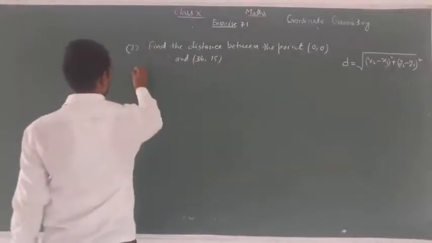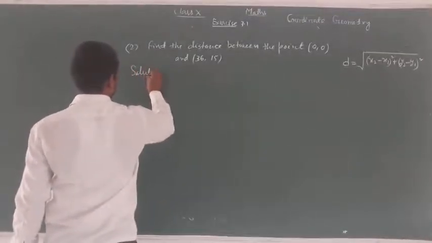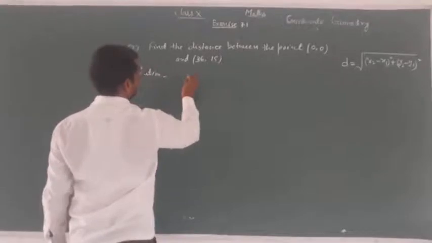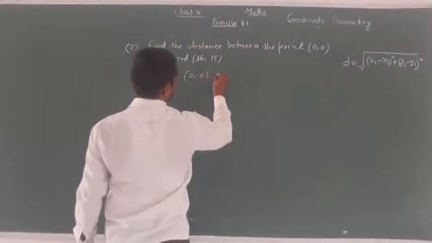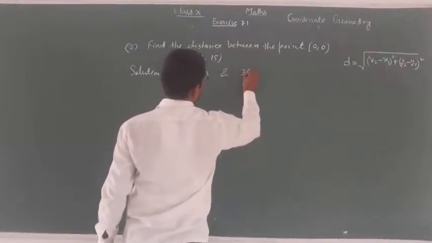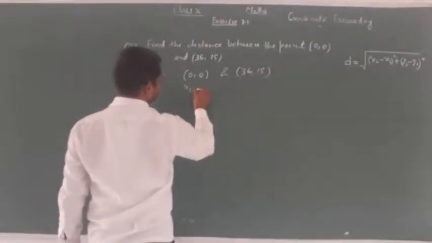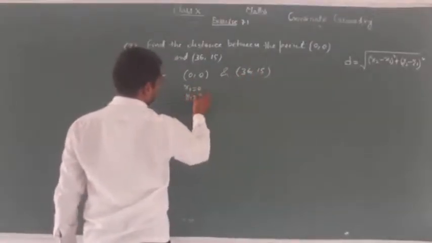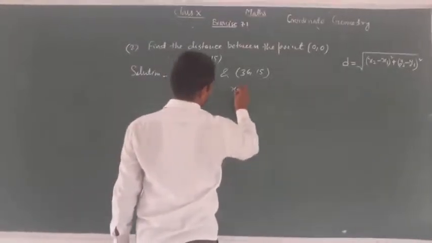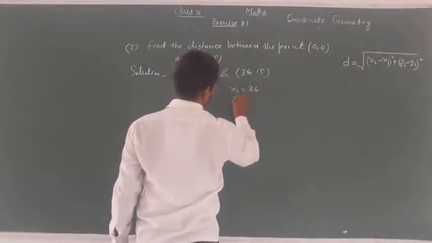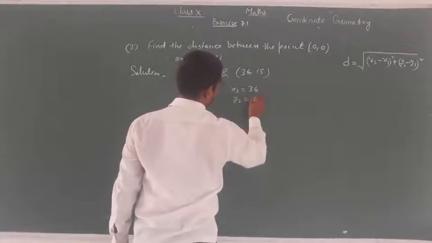So the solution of this problem: x1 is equal to 0, y1 is equal to 0, x2 is equal to 36, y2 is equal to 15.